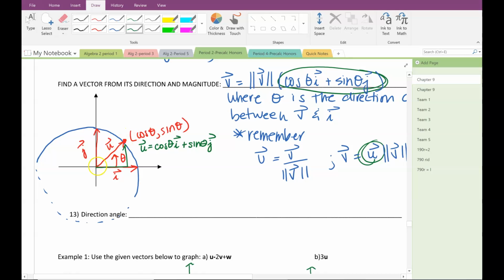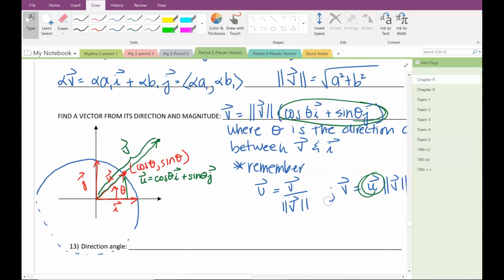What if I want v to be all the way like that? This whole thing is v. How long is the magnitude? Magnitude is the radius, the distance from the center. So if I know the length by finding it algebraically, which is the square root of a squared plus b squared, then I would know the entire vector v. So this piece right here, guys, is just a unit circle in polar.